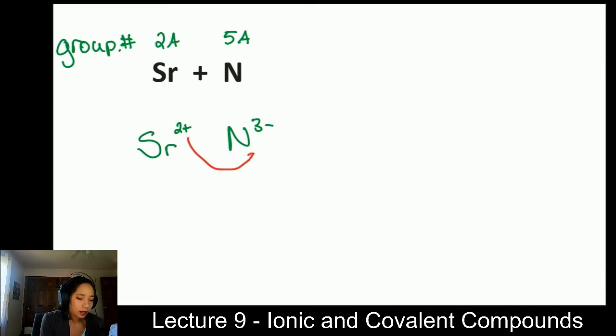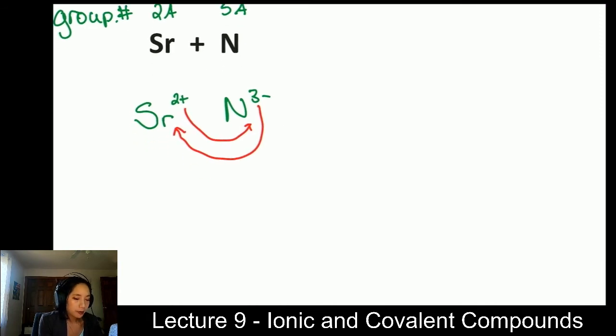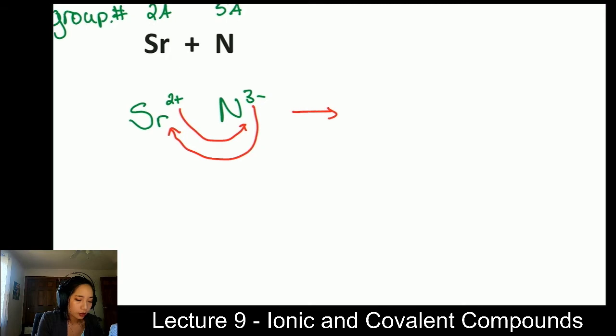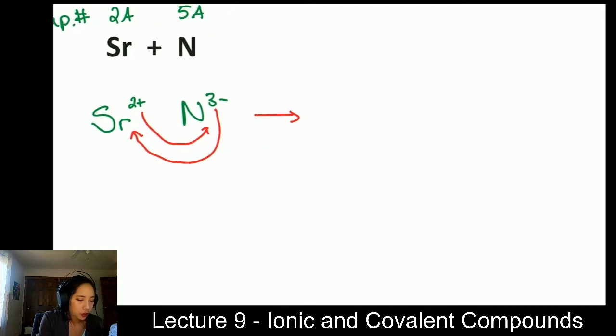So I'm going to put that 2 charge on strontium as a subscript on nitrogen, and put the 3 from nitrogen in front of strontium as a subscript. So our final chemical formula for strontium and nitrogen will be Sr3N2. We can check our work. There are 3 strontiums. Each of them has a +2 charge.